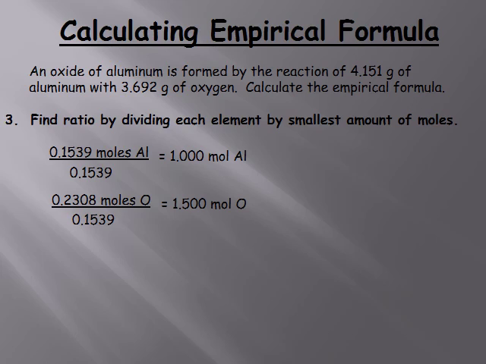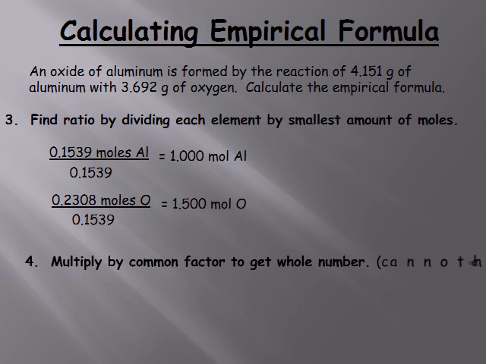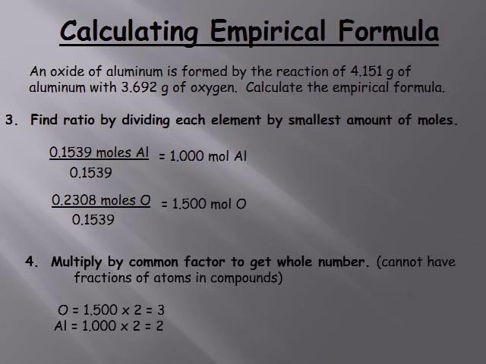Okay, so obviously you can't have half an atom of oxygen, so what you're going to have to do is multiply by a common factor to get a whole number, and it's going to be 2, of course. So it'll be 1.5 times 2 gives 3, and 1 times 2 gives 2 for aluminium. So the formula, therefore, will be Al2O3.